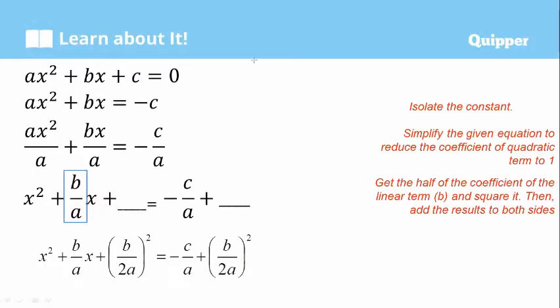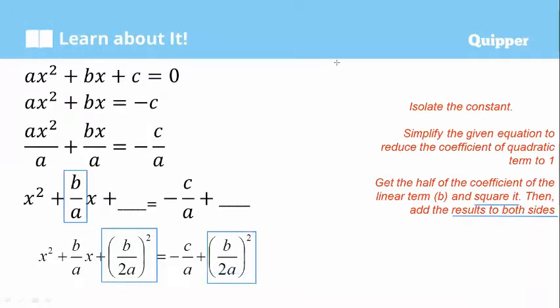Then, according to the rule, we square the result, so we have b over 2a squared. Then we add the result to both sides, so we also add the same to the other side.